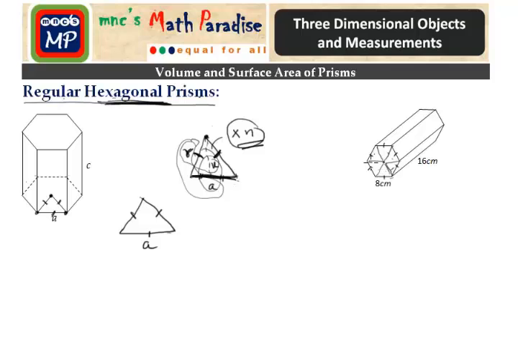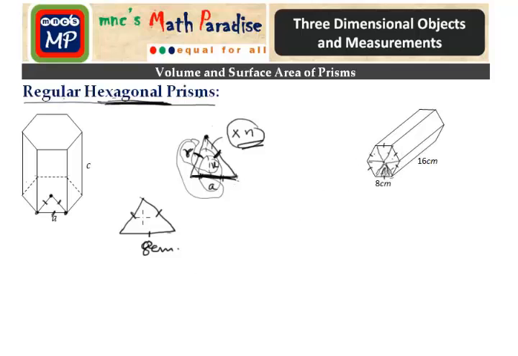So 6 of these triangles are equilateral triangles. If we bring it out, this is an equilateral triangle whose arm length is 8 centimeter. So now we need to find the area of just one triangle. Then if we multiply by 6, because there are 6 of them, we will find the total area of this base.